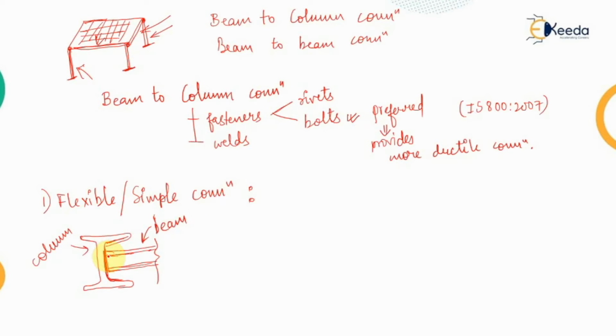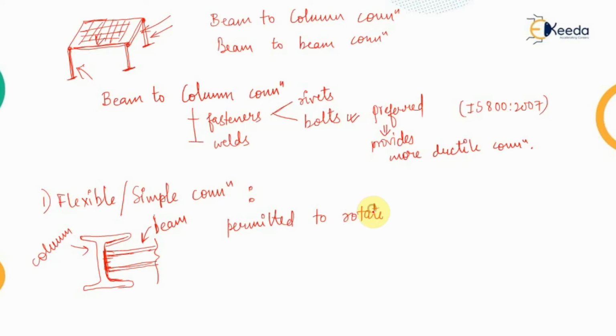So this beam to column connection is to be provided. Now for this connection we can provide the direct bolting or using the rivets or through the weld. Any of the option can be used. But if the connection has been designed in such a way that the elements which are connected at this particular point are free to rotate. That means the elements are permitted to rotate freely.